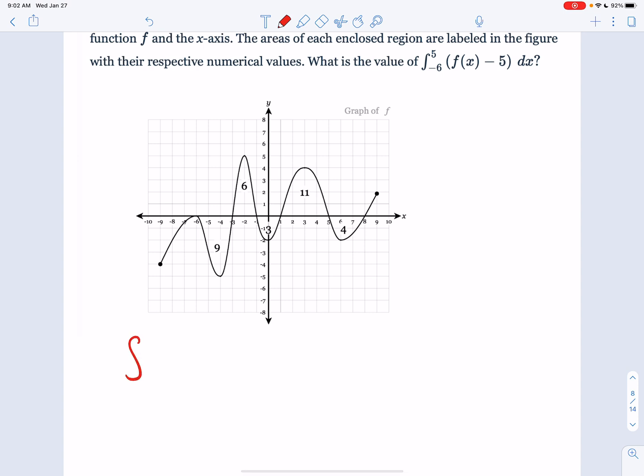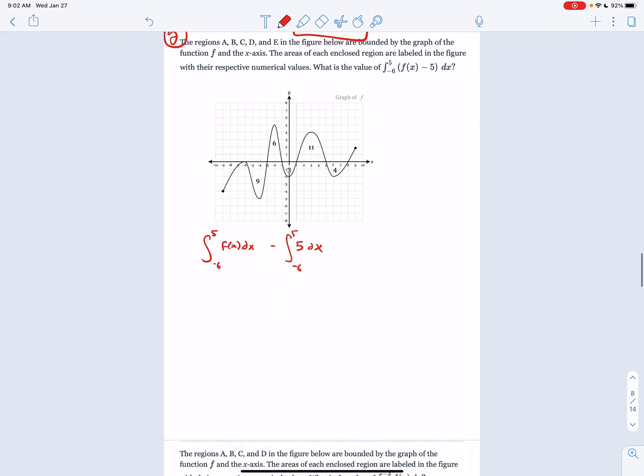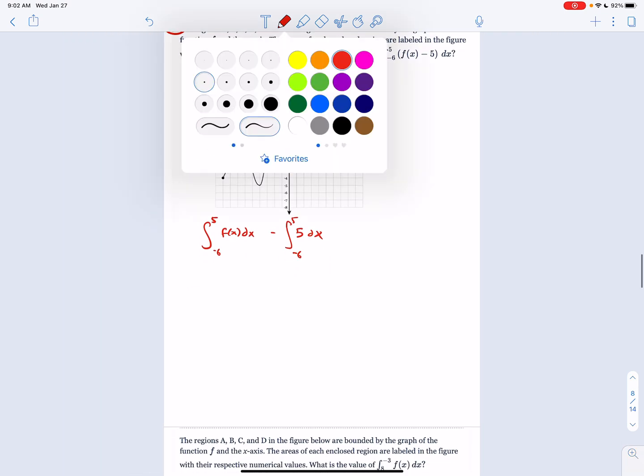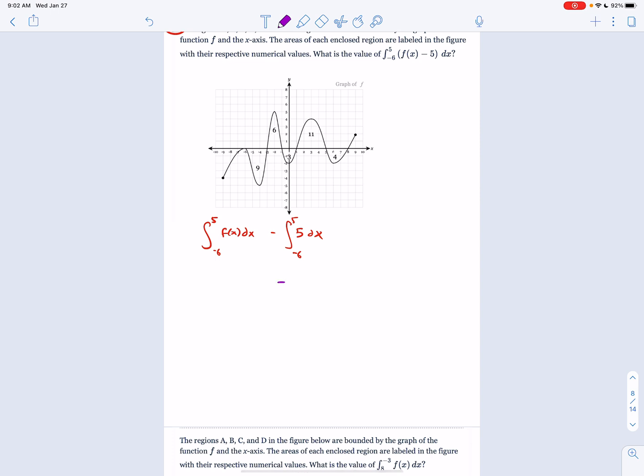Okay, here we go. The integral of f of x, we're going to split that minus the integral of 5 dx. And we're still going from -6 to 5. Make sure both integrals have a dx. So over here, the analytical part, that's just minus.